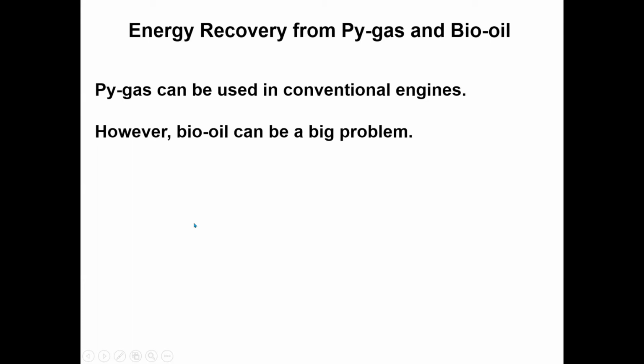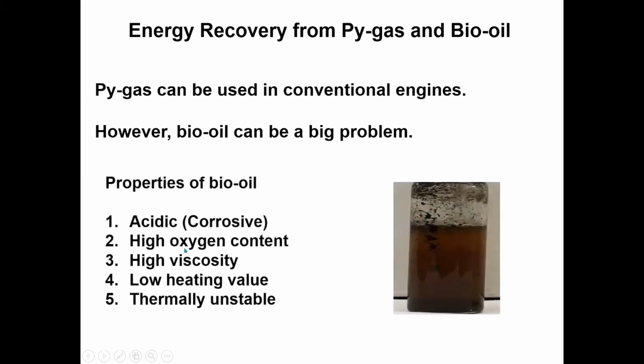But for the bio-oil, that's a problem. Even though we call it oil, the property of the oil is totally different from gasoline and diesel. It's just like crude oil, maybe even worse. It's very acidic, with high oxygen content, high viscosity, low heating value, and it's thermally unstable.